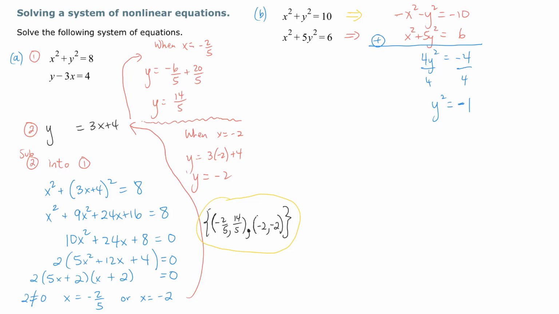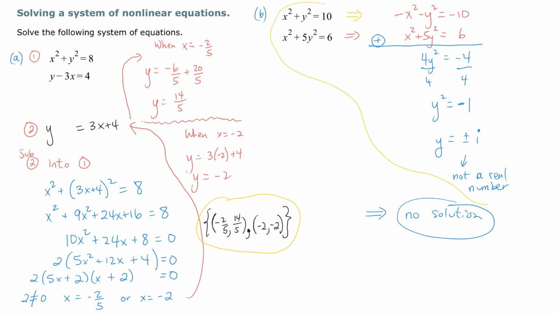In other words, it's not possible to get a y value here. y is equal to a complex number, plus or minus i, and we know that is not a real number. In other words, that's going to imply us to conclude no solution. Even though you got no solution, make sure you're able to show all this work. All this work is necessary.